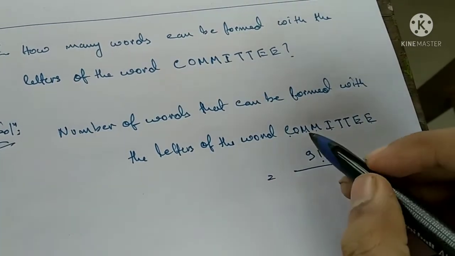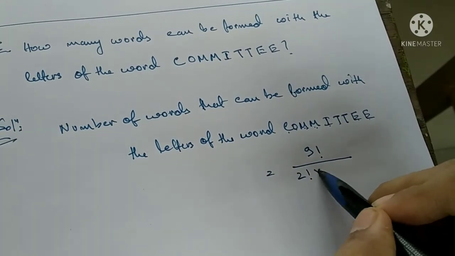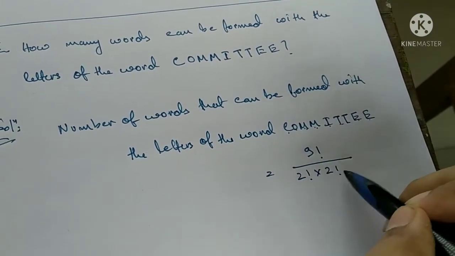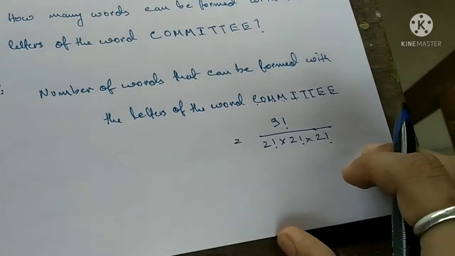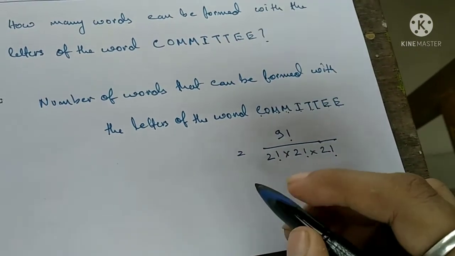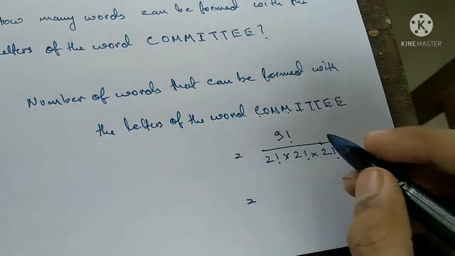So 9 factorial by mm 2 times there, so 2 factorial, into tt 2 times there, 2 factorial, into ee 2 times there, 2 factorial. So here 2 to the 4, 4 to the 8, I will get.